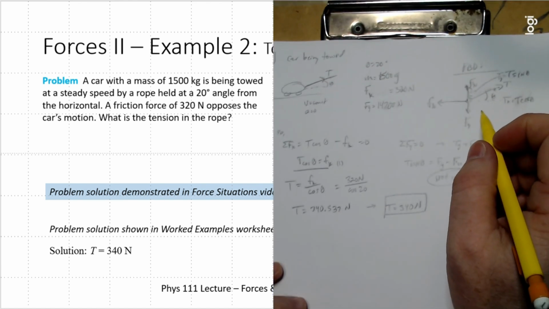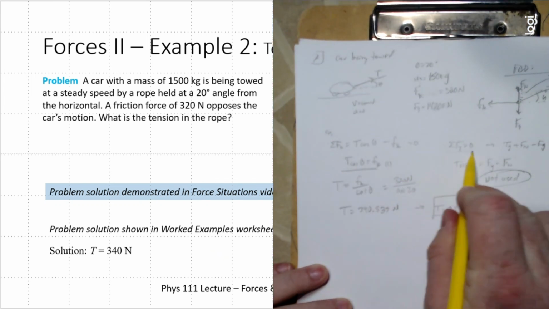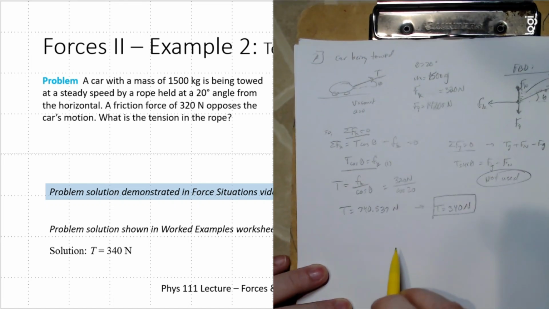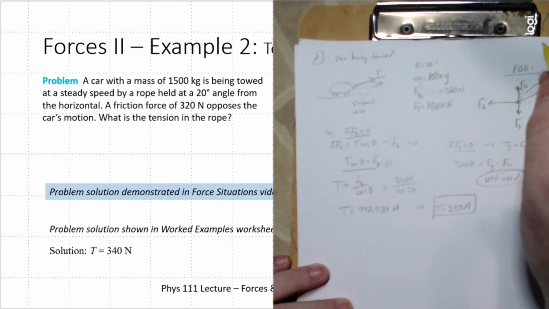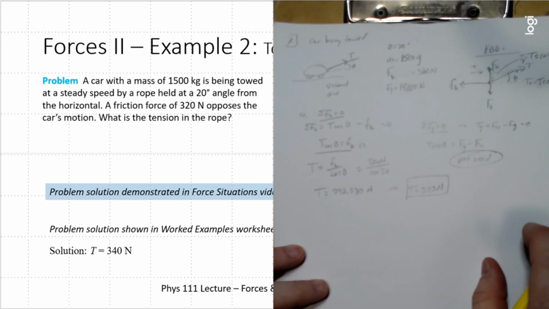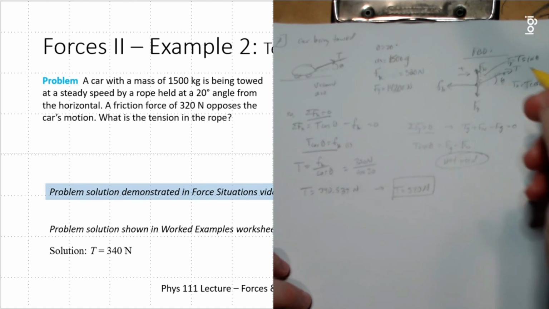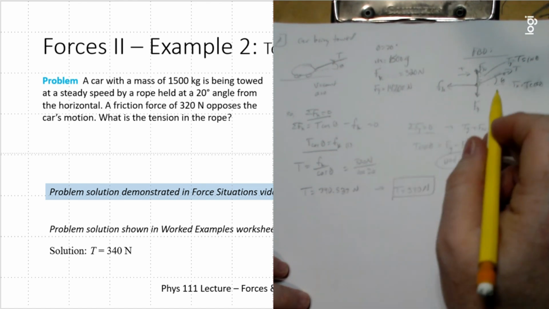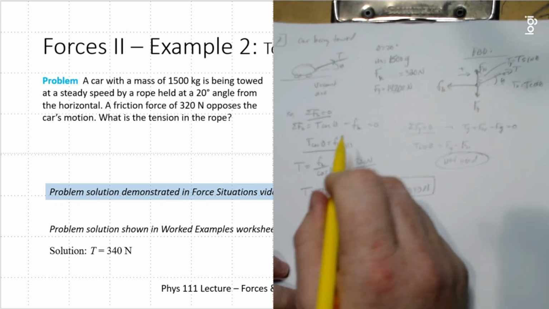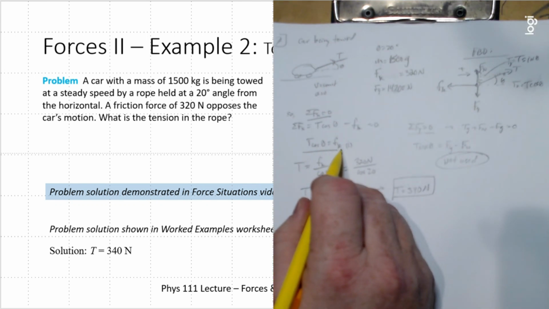And we say, okay, well, what do we know? We know that the sum of forces in the x direction and the sum of forces in the y direction are both 0. For the sum of forces in the x direction, we set this direction as positive, and so the T cosine theta goes first, minus the friction force, equals 0, and we rearrange that so the friction force is by itself.